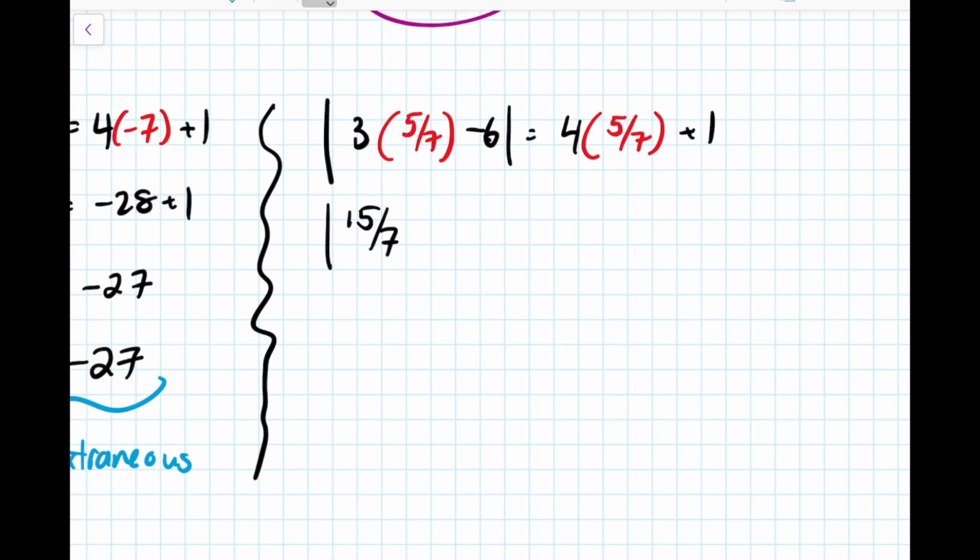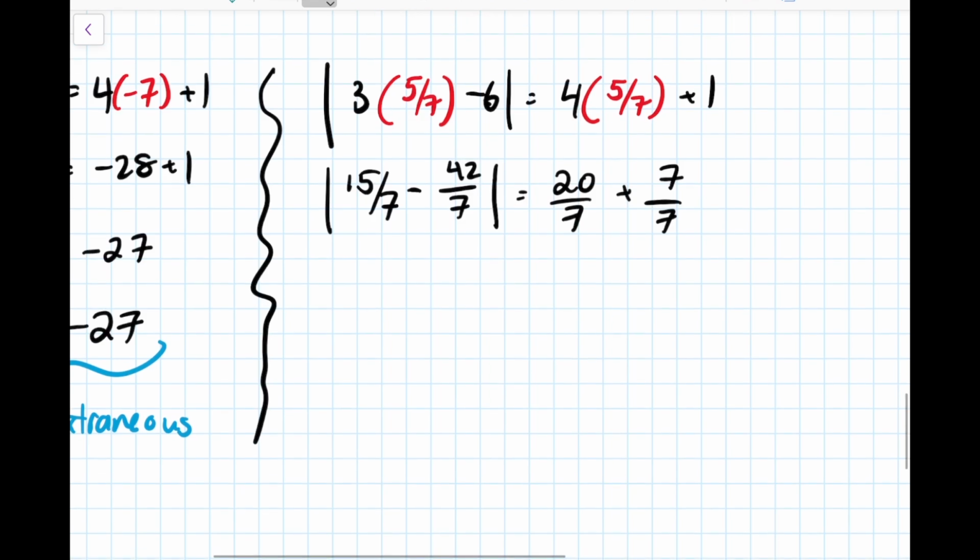And I know I'm going to have to get a common denominator, so I'm just going to do that now. My common denominator here is going to be 7. And that 6 is going to become 42/7. On the right, I've got 20/7. And same idea, that 1, if I make a common denominator, is going to become 7/7.